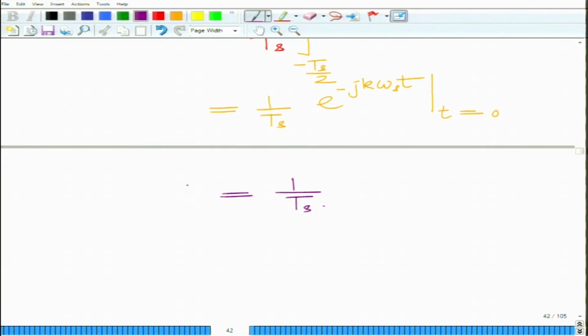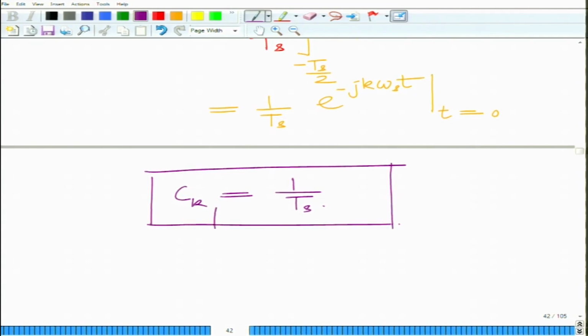So, all the coefficients Ck, for all k, are basically equal to 1 over Ts.